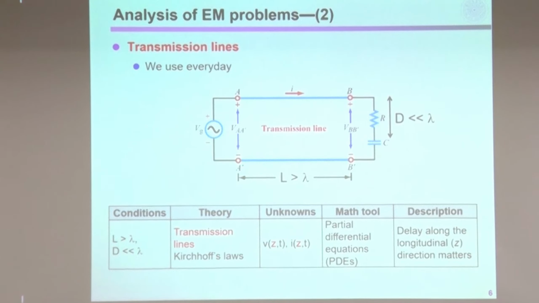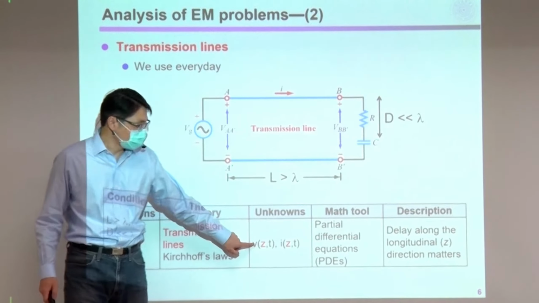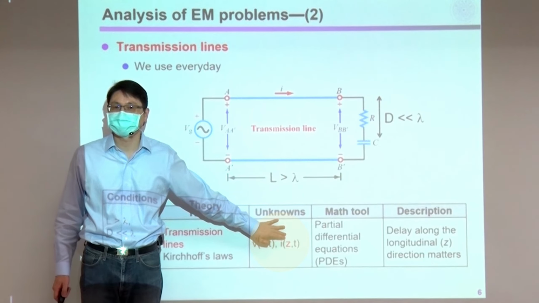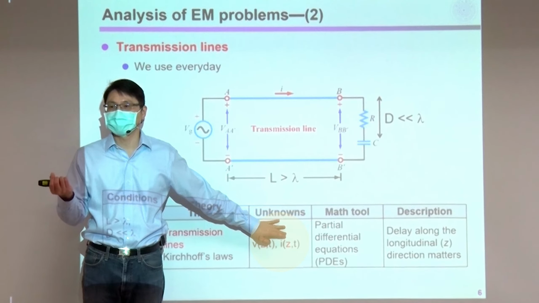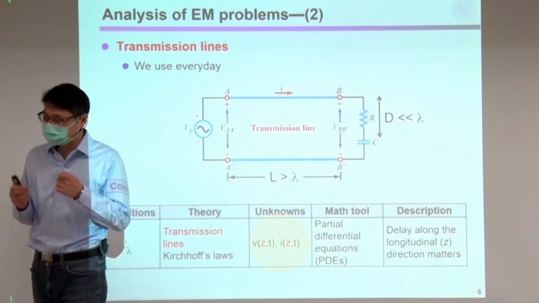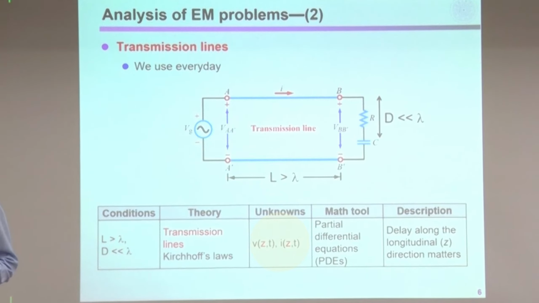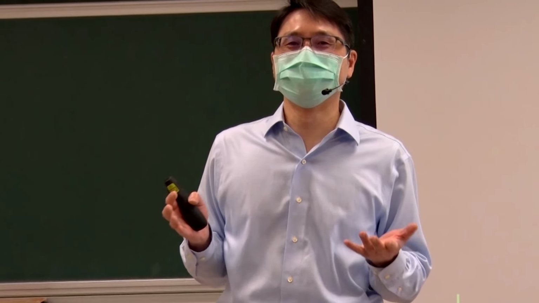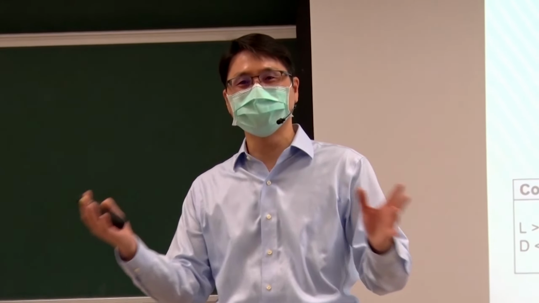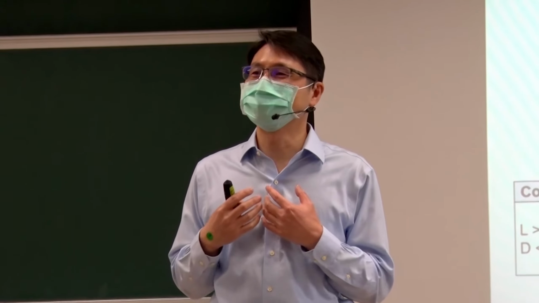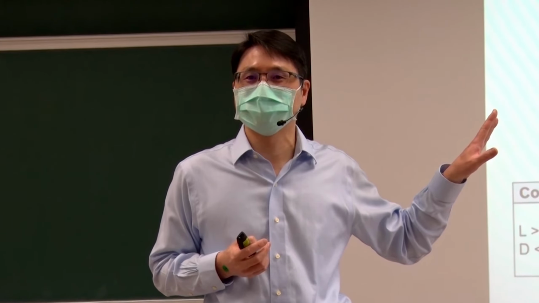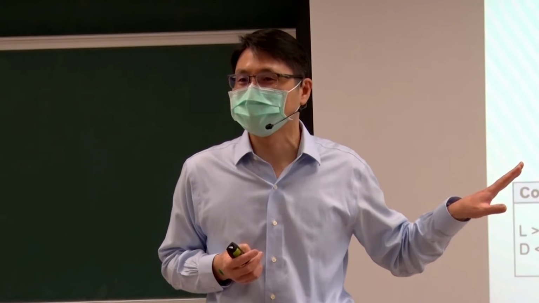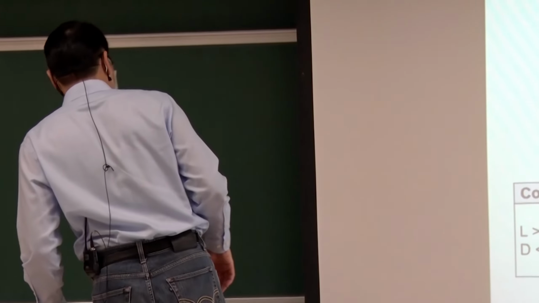So this is more complicated, but still, you can manage it because the good thing is both voltage and current are scalars. So at this moment, what's the difference between scalar and vector? Most of you don't really know. You don't know the difference, so you don't know how nice I am to start this class with transmission line.